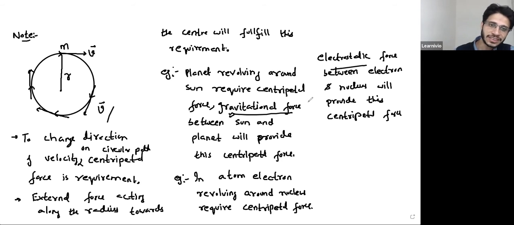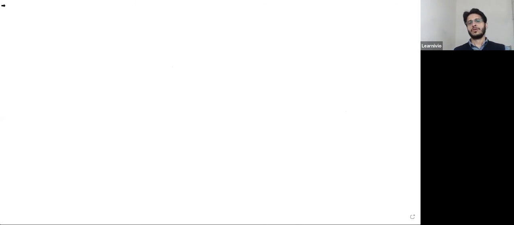If you remove this external agency which is providing centripetal force, then the body cannot move on a circular track. It will move tangentially. It will go straight. Is it clear? Whatever we will do today in centripetal force will depend on these statements only. So that is the concept of centripetal force.